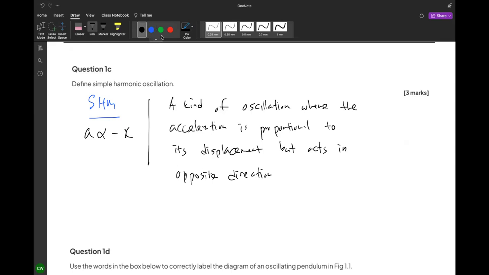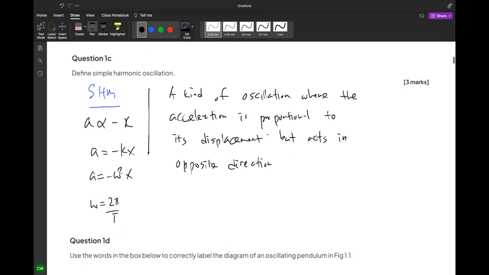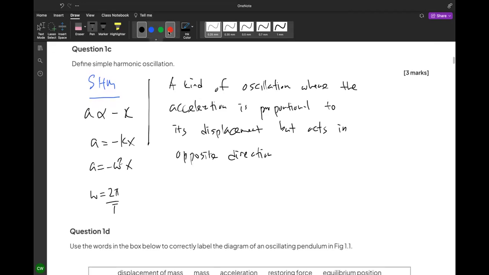Basically for simple harmonic motion, you need to know this. You also need to know this. You also need to know this one. And then again, you need to know omega is 2 pi over T. Simple harmonic motion, any problem? No problem.